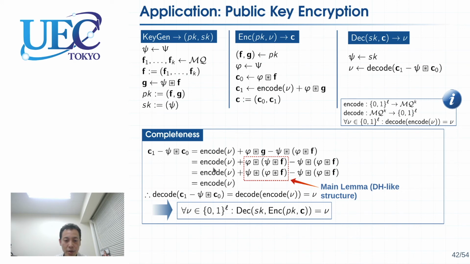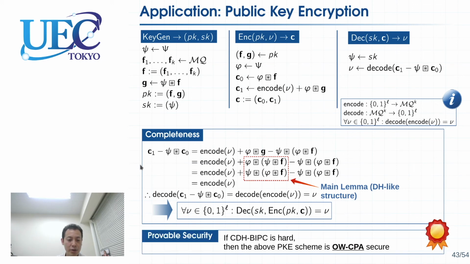And the most important thing is here, because in this part, phi operate on G can be expanded to phi operate on the result of psi operate on F, and we can reverse the order between psi and phi here using the main lemma, which is the DH structure. And because this part, as you see, is actually the same, we can cancel it out and get the encoded plain text. So this scheme satisfies completeness.